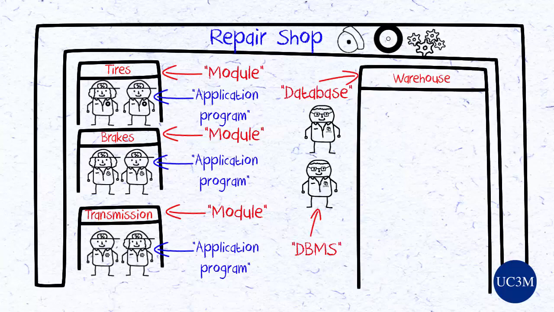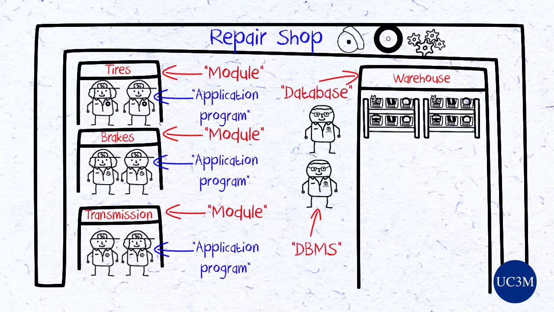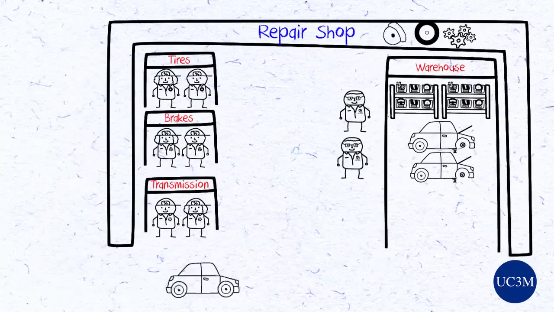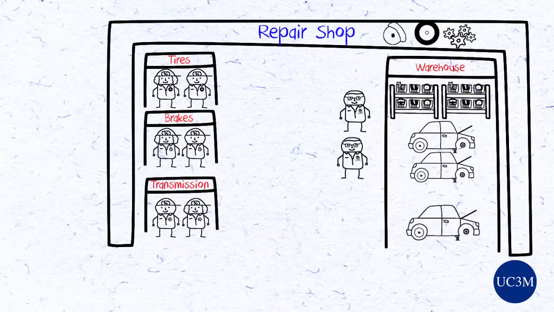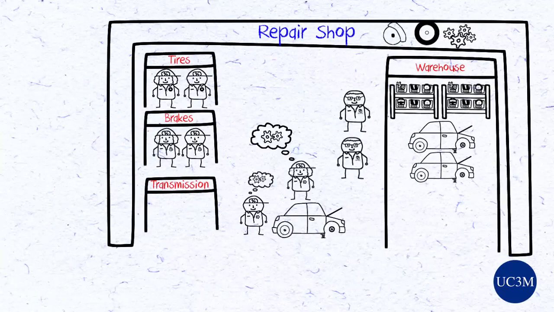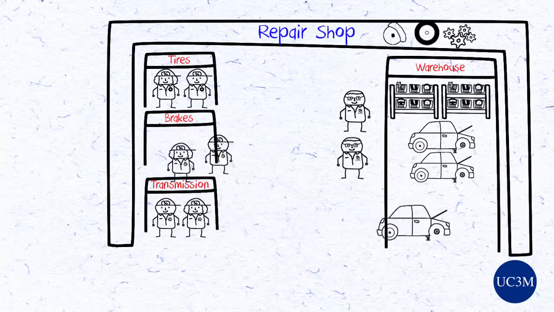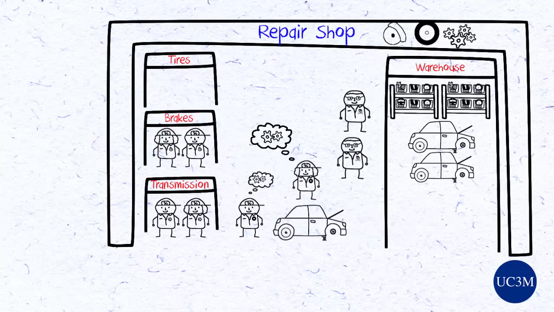They would manage and keep in the warehouse not just the spare parts, but also the cars being repaired. We can think of the car just as the sum of all the auto parts it contains. Incoming cars would be received in the warehouse. The mechanics from the various sections would come in turn, carry out their specialized operations, and return the car back to the stockroom operators.